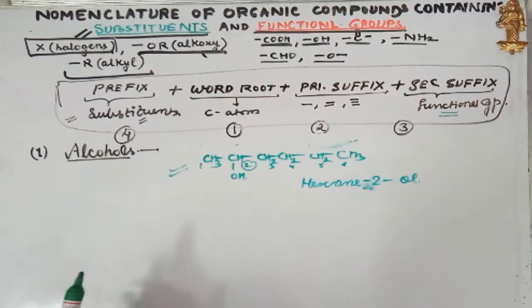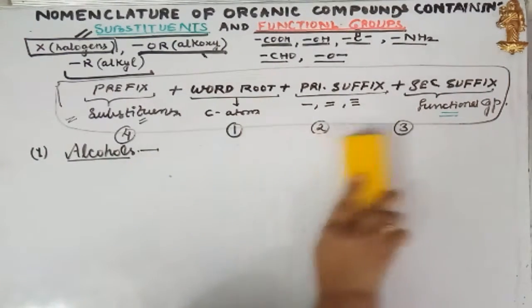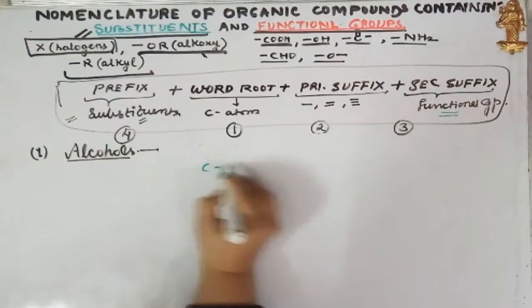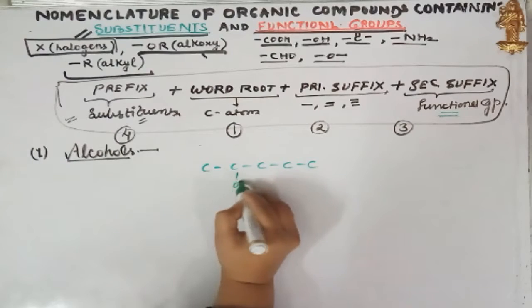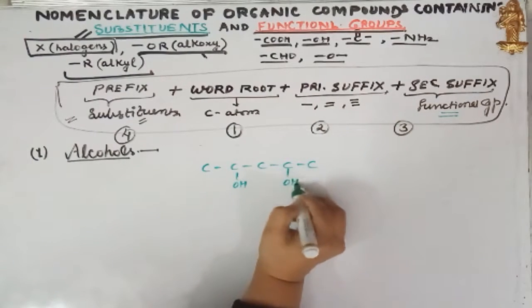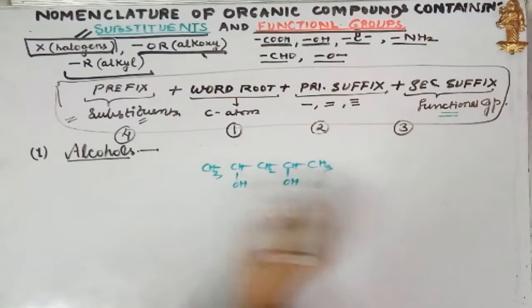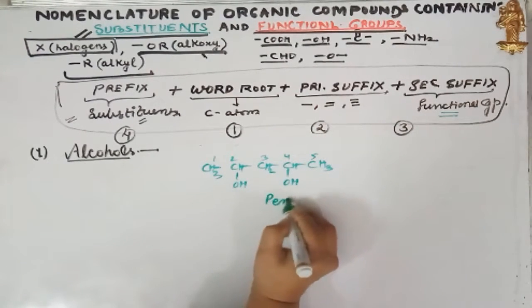But sometimes we see two groups in the compound. Let us take one more example in which we will have a slight difference in the compound, that is 1, 2, 3, 4, 5. I am having OH here and I am having OH here also. How to name this compound? Count the number of carbon atoms. 5 means pent.